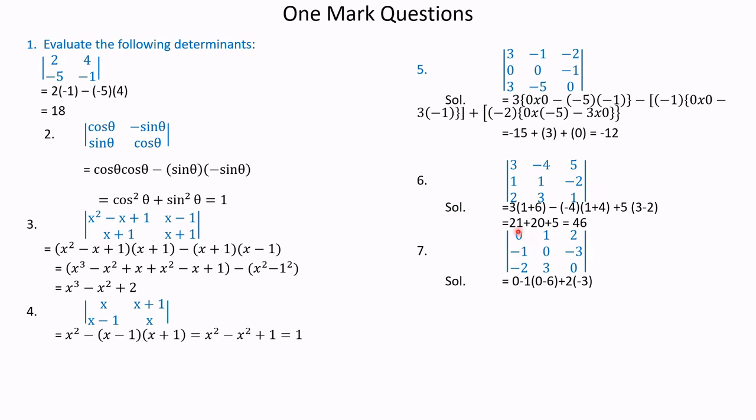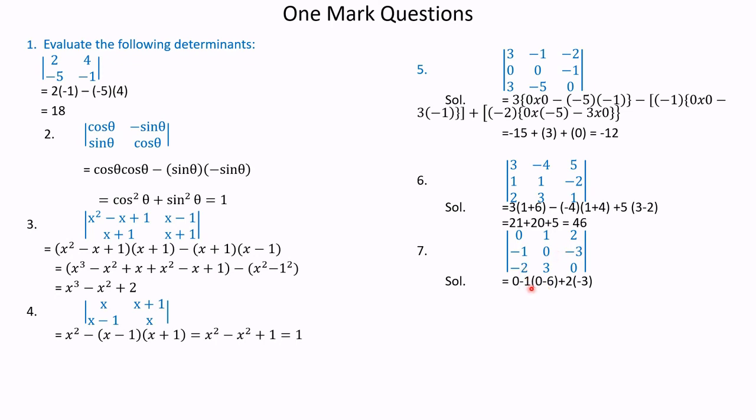Next element is plus and that is minus. So minus into 1, cancel this column and cancel this row. The remaining is minus 1 into 0 is 0. Then minus 3 into 2 is plus 6 and because the reverse sign is there, minus 6.